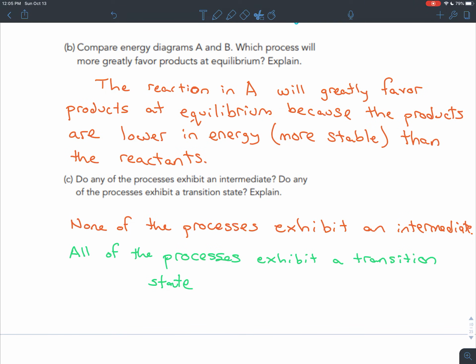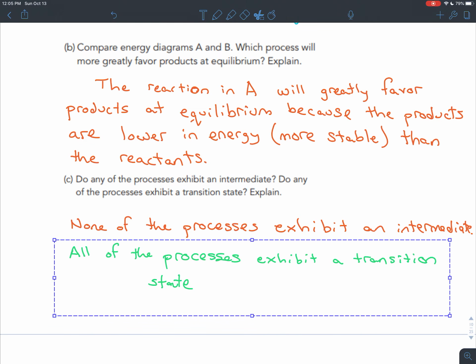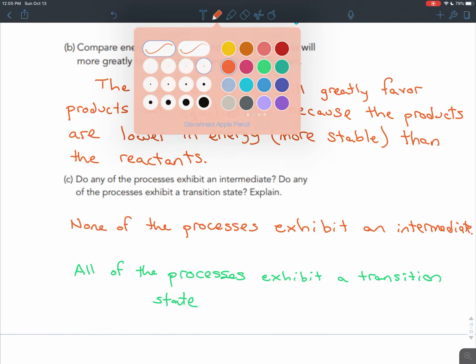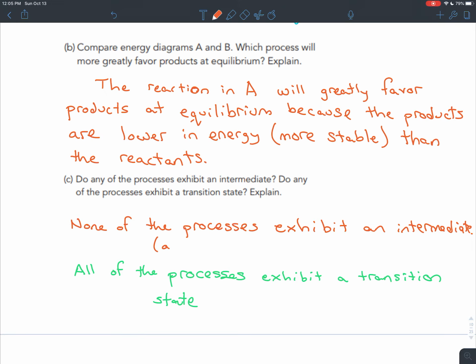and the explanation for this could really just be a description of how you view those, how you notice each of those on a reaction coordinate diagram. So an intermediate is a dip in between two peaks.